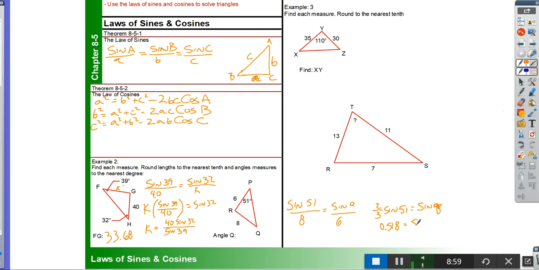And that's equal to the sine of Q. I should have used a big Q. And so now I do the sine to the negative first power button, and that gives me that Q is equal to 31.2.